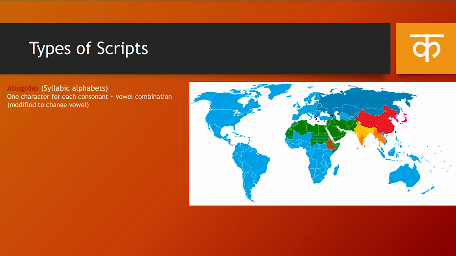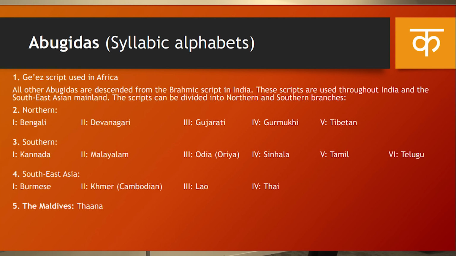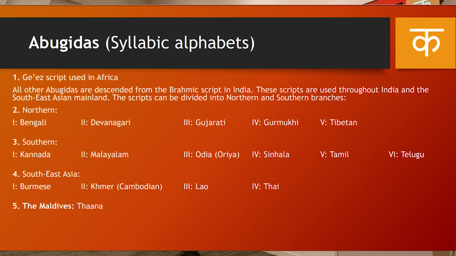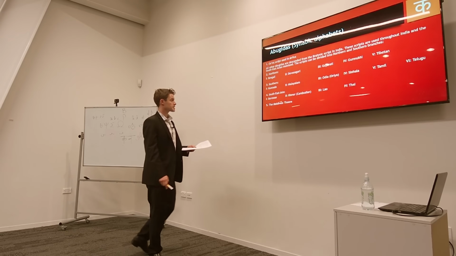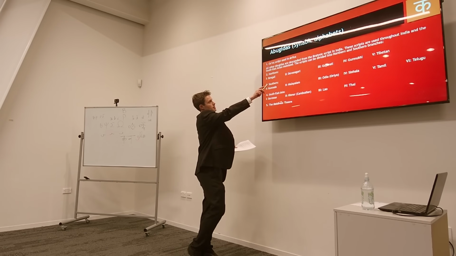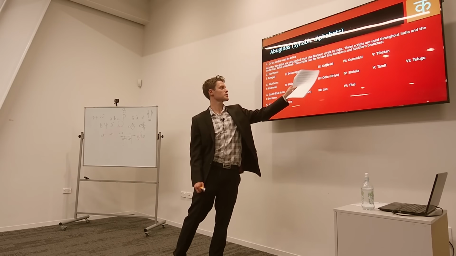So let's look at all the Abugidas. There's a good number of them. First of all, there's the Gur script used in Africa. So it's actually not related to these other Abugidas. It developed from the same source as Hebrew and Arabic, but it branched off at a very early stage and ended up becoming an Abugida. So all of the other Abugidas are related. Next, there are the 5 northern branch Abugidas used in India: Bengali, Devanagari, Gujarati, Gurmukhi, and Tibetan.